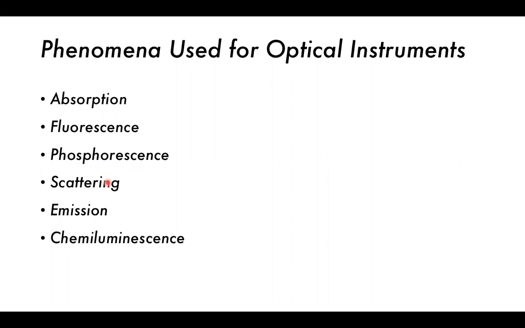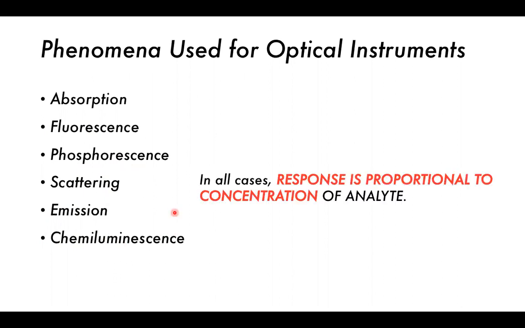Scattering, we've already talked about in the previous sessions, where light is scattered by some particles. Emission is generally spontaneous, and chemiluminescence is due to some sort of chemical interaction or reaction. In all cases, response is proportional to concentration of the analyte.